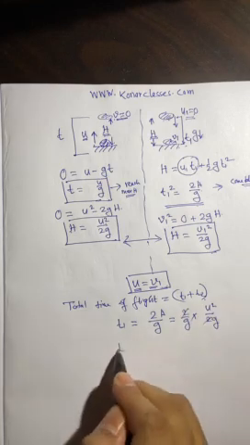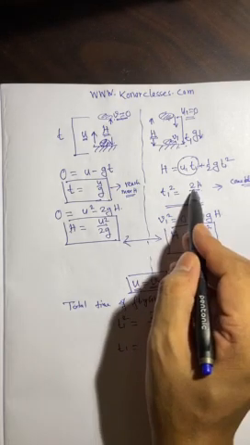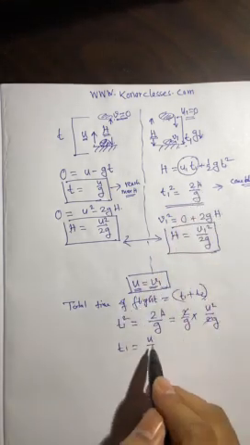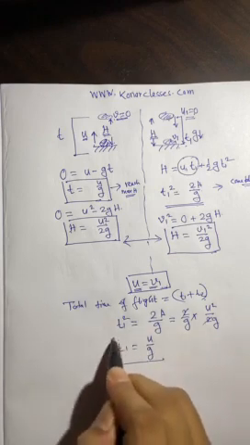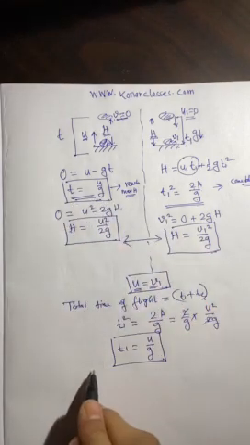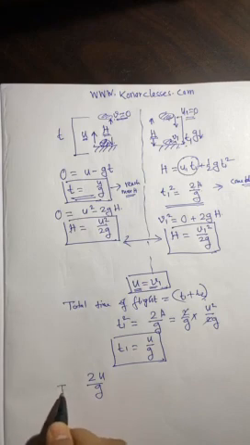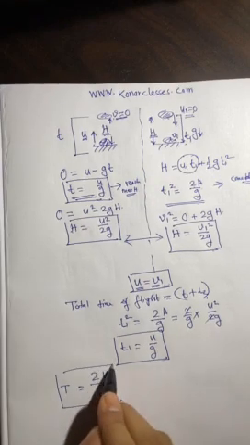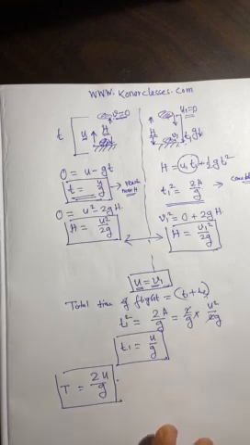So t1 is coming u by g, and we have seen t equal to u by g. So the total time of flight, capital T, will be 2u by g.